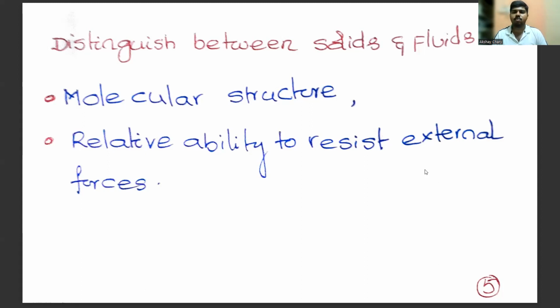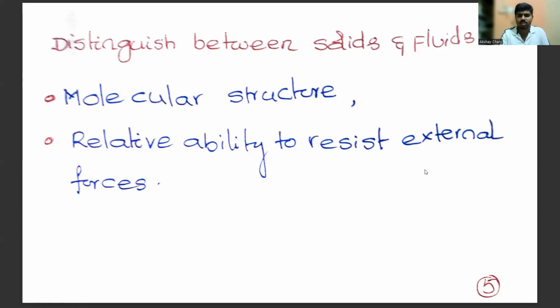When you compare to fluids, in fluids you can observe larger distances, so the molecules move freely within their own boundary, right? So next, first is molecular structure, second is relative ability to resist external forces. As you know, solids have more resistance than fluids, right? So this is the short form of the distinct differences between solids and fluids.